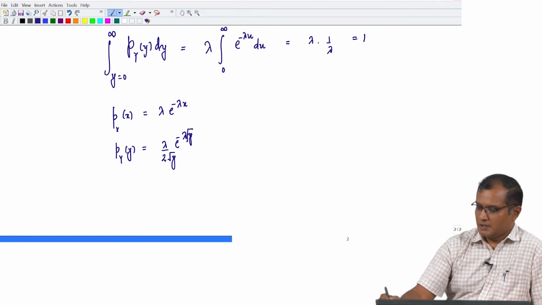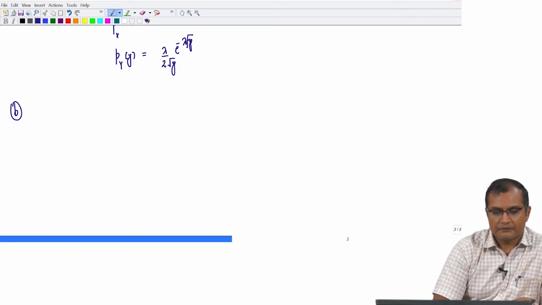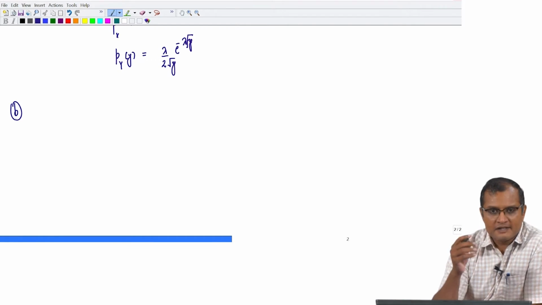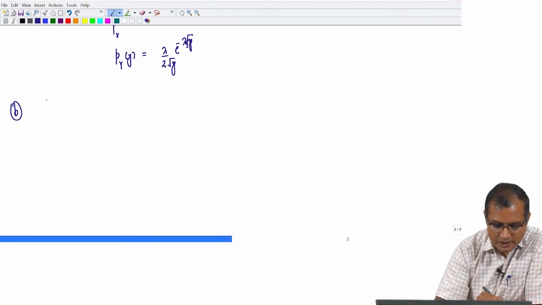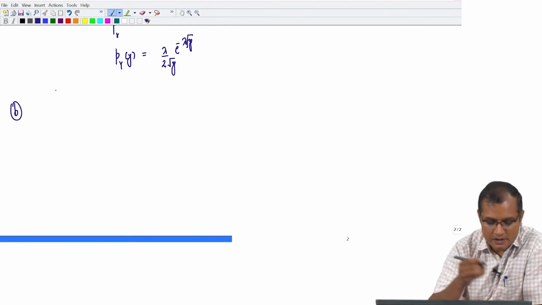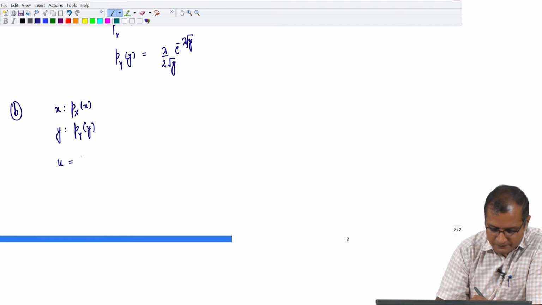Fine. So, now let us proceed to a slightly more general case, where you have a sum of two random variables. Let us say you have x and y as two random variables, x distributed as p of x, and y distributed as p of y, and you define a new random variable u which is x plus y.